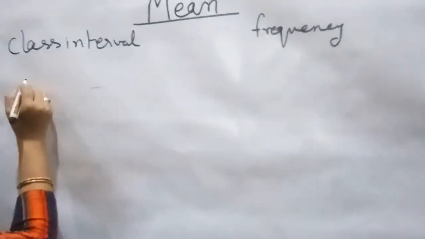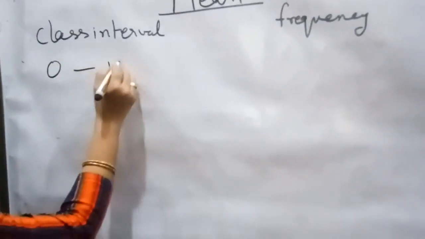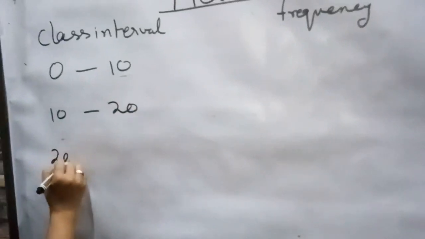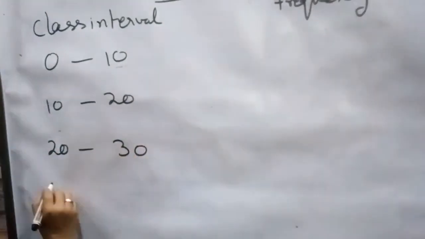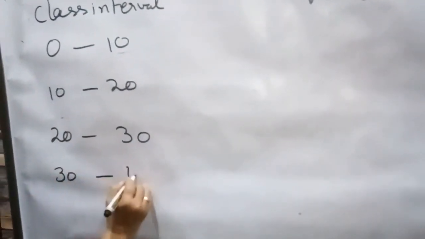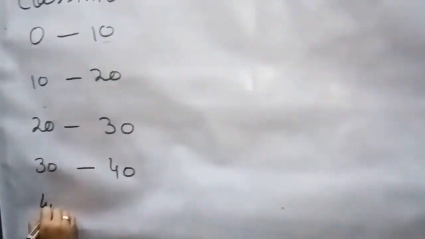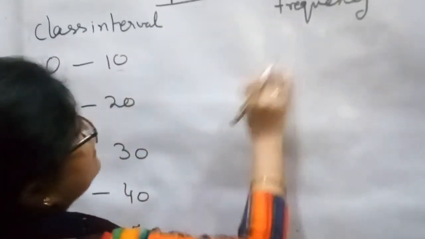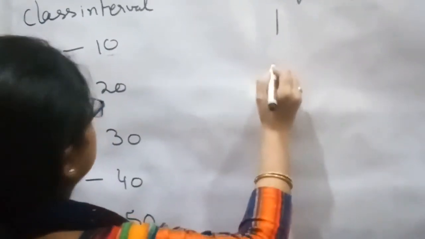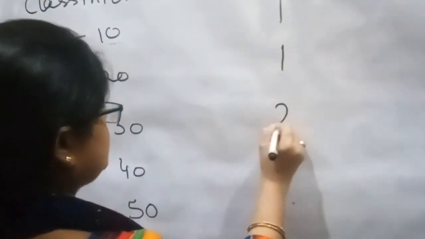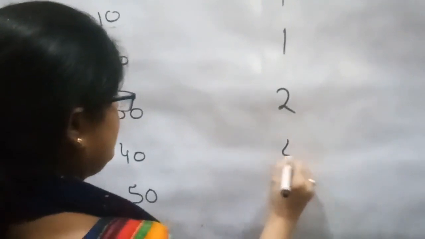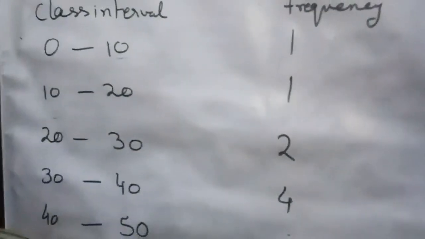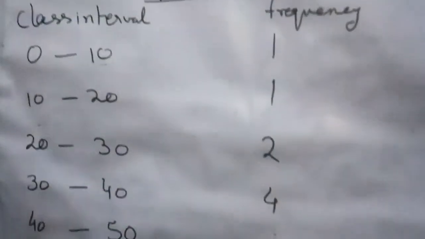They have 0 to 10, 10 to 20, 20 to 30, 30 to 40, and 40 to 50. And the frequency is given here: 1, 1, 2, 4, 8. In this way our question is given and they are asking us to find the mean.